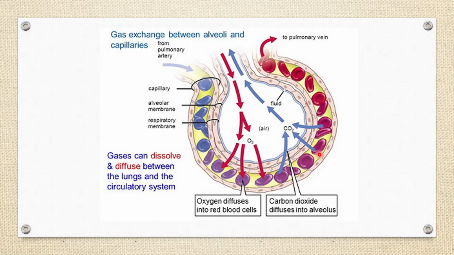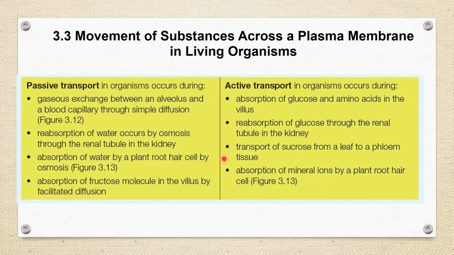So simple diffusion happens, and this carbon dioxide will diffuse out of the blood capillary into the alveolus, and subsequently it is expelled out of the lung when we exhale. So that is the first example, through simple diffusion.